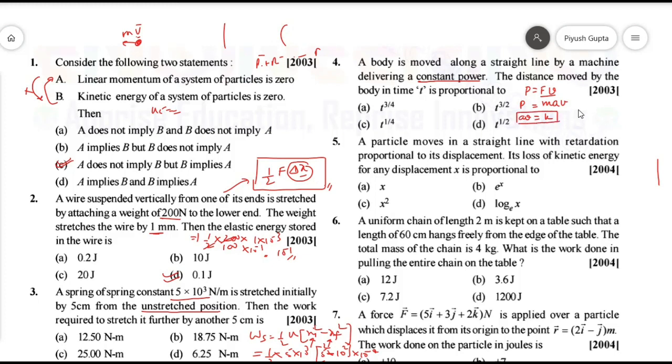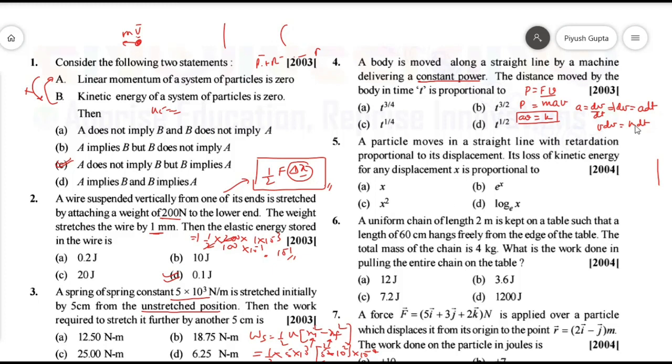Now we have this equation. Remember, A is equal to dV by dt, so this gives dV is equal to A dt, and A is a function of V. You should be able to see A is K by V, so I can write dV is equal to K by V dt, and that becomes V dV is equal to K dt.